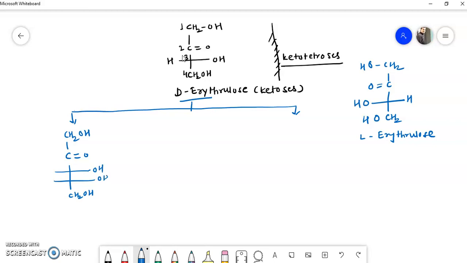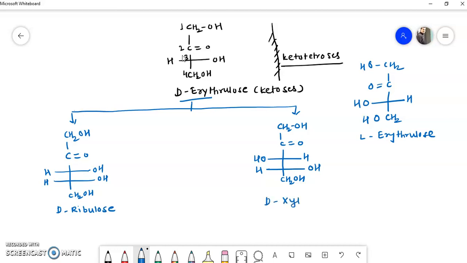So here is an OH group, H, and here also you have to add one OH group more, but on another side, CH2OH. So here will be OH, H, OH, as it is H. So the name of this compound is D-ribulose. Remember, this is D-ribulose, and the name of this is D-xylulose. Remember, xylulose.